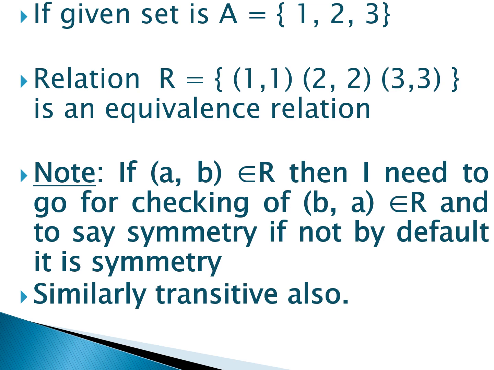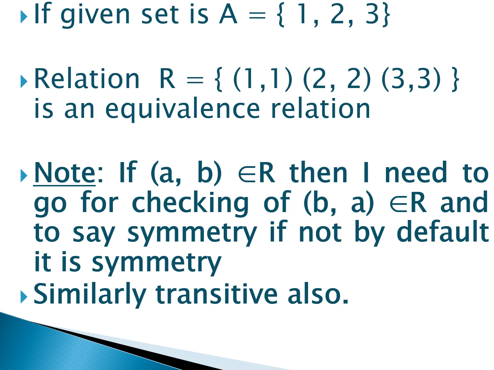Again, listen carefully. If (1, 2) is there, I have to go for (2, 1) to say that it is symmetric. If (1, 2) itself is not there, I need not go for (2, 1). Similarly for other combinations, no need to check. Immediately you can say it is symmetric.